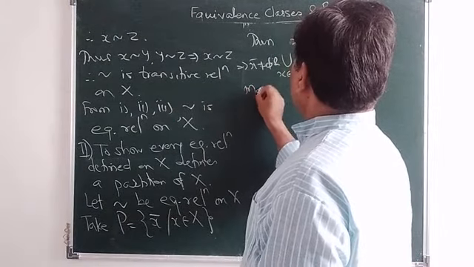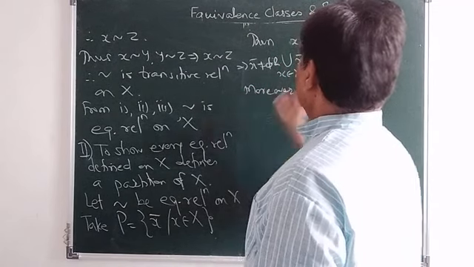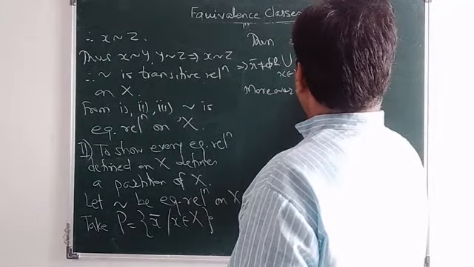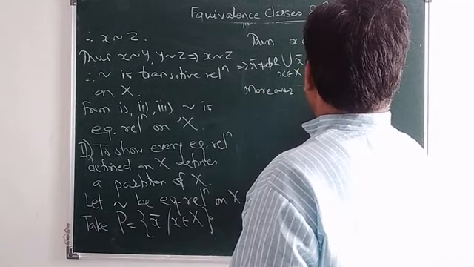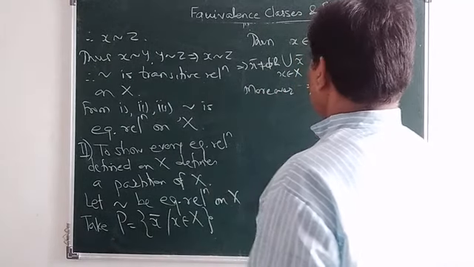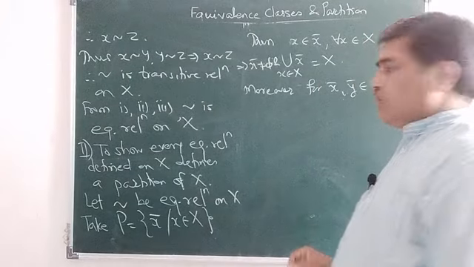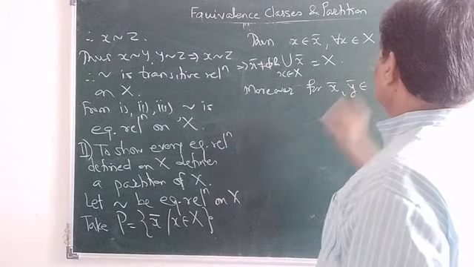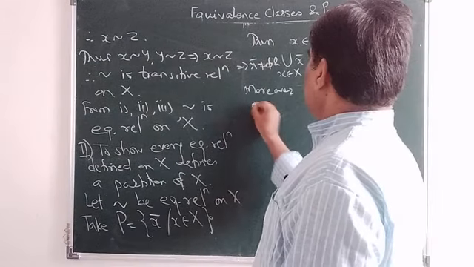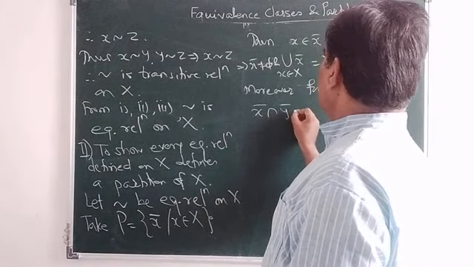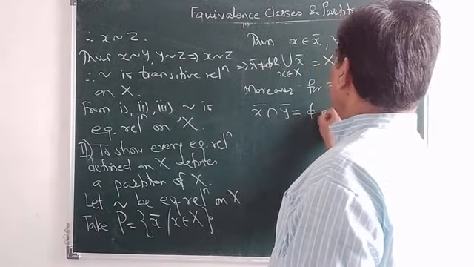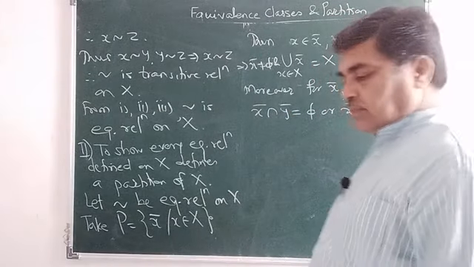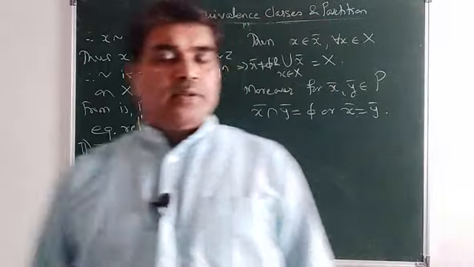Moreover, for x bar, y bar belonging to P, x bar intersection y bar is equal to phi or x bar is equal to y bar.